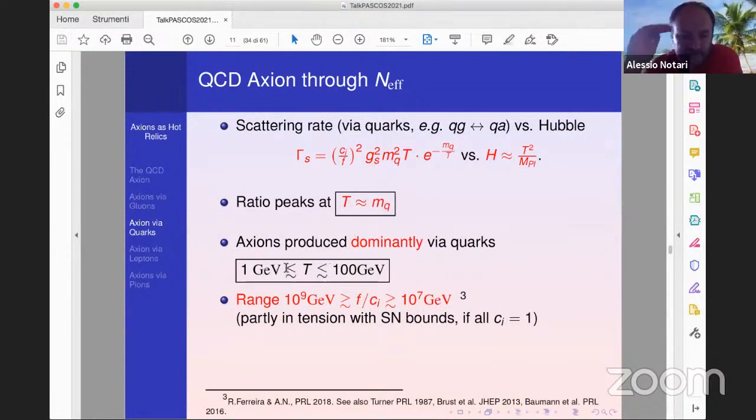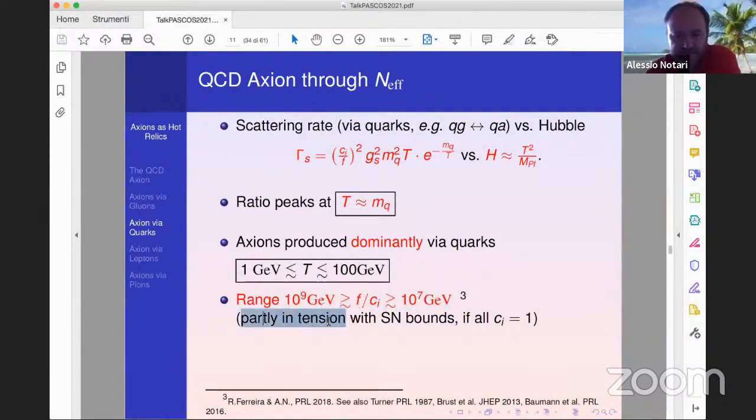And you know, the quark masses are below 100 GeV, and therefore one can hope to produce axions when g-star is smaller. The range that you need to have equilibrium is below 10 to the 9 GeV. So you need 10 to the 7, 10 to the 8, 10 to the 9 GeV.